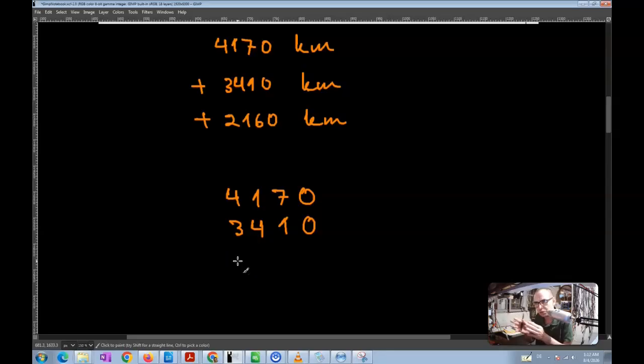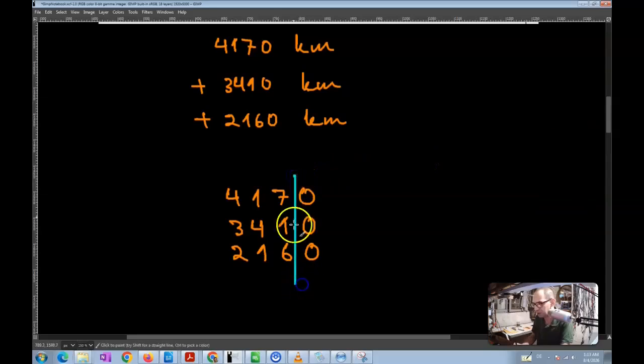Meaning that if the 1 belongs in this column, you're supposed to write it exactly in that column. And then 2,160, and now I have all of these columns.